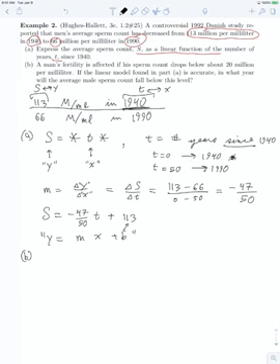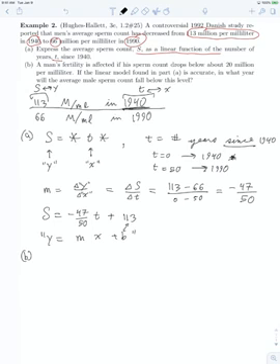Part of the purpose of part A is to be able to do things like part B, where we make predictions. We look into the future, or sometimes we extrapolate into the past, and we see what the numbers are past the original values that they've given us. So let's read part B now. A man's fertility is affected if his sperm count drops below about 20 million per milliliter.